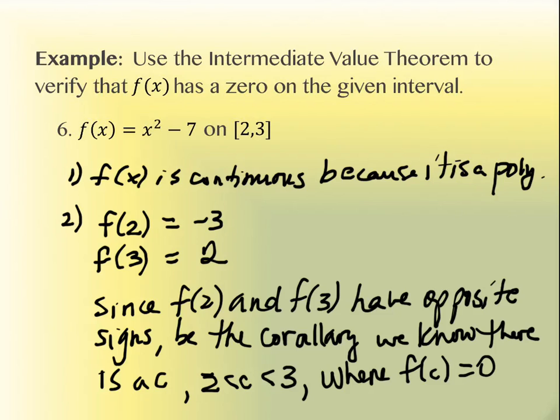It's going to have a 0 between there. It's going to cross the x-axis. You can use any of that language. You don't have to use the language I just wrote down. That's what has to happen by that corollary.